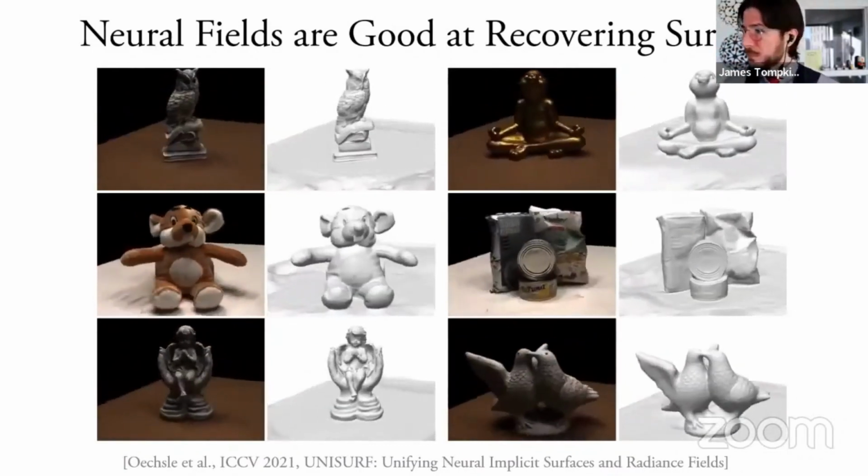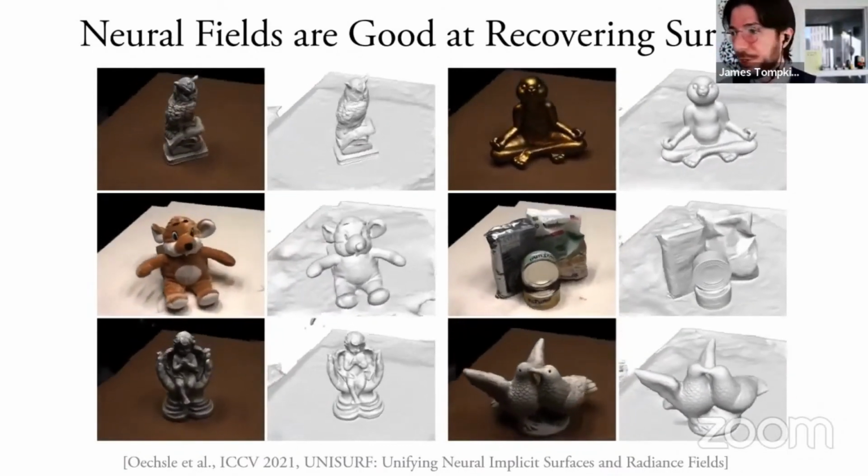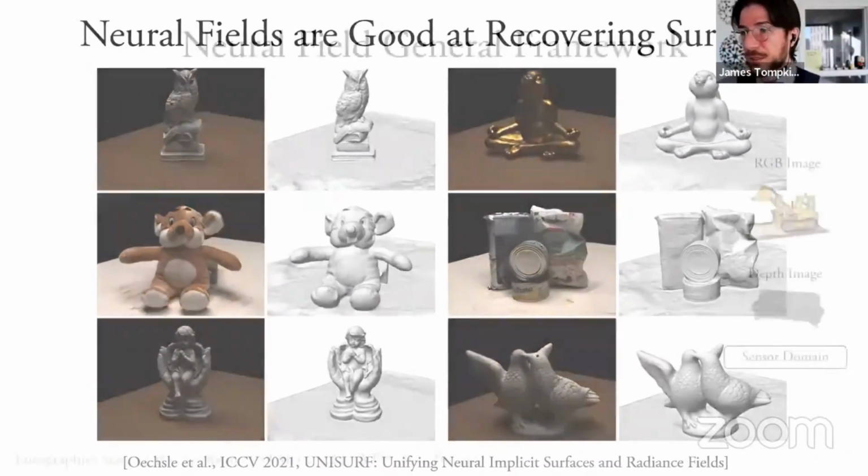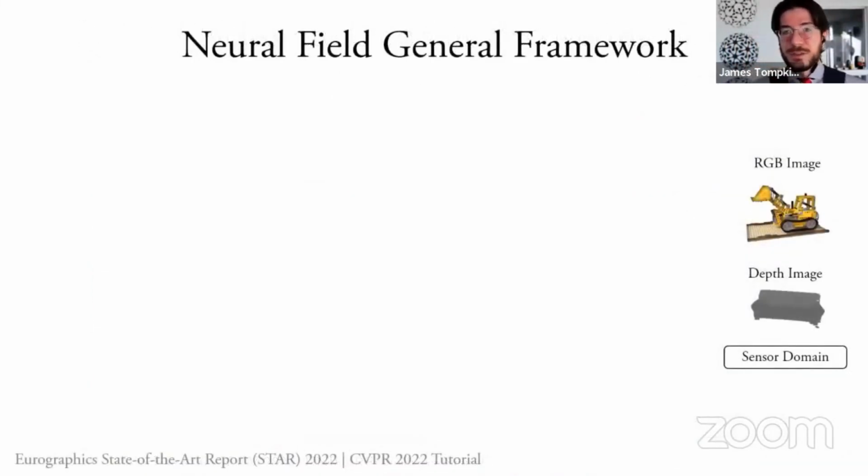So to try to understand all of this area, my colleagues and I wrote a state-of-the-art report in Eurographics last year, and then also gave a CVPR tutorial this year, and all of that material is online. We came up with this sort of framework for how we should think about neural fields. So we're going to image the world with some sensor.